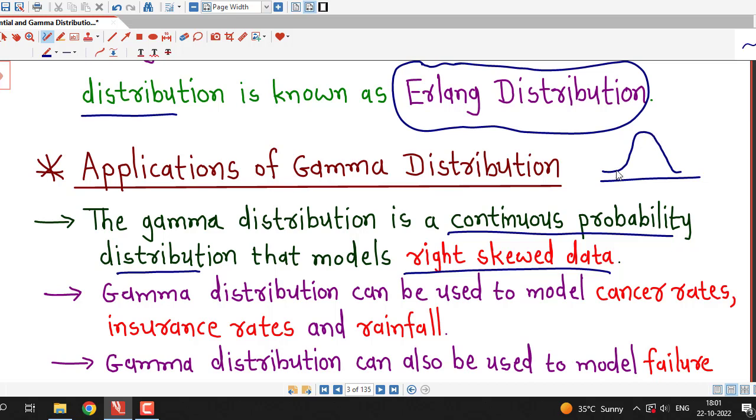Whenever we have right skewed data, that is, our density curve has a longer tail towards the right side, then we apply gamma distribution. You can understand skewness in detail in my lectures of basic statistics, where I have discussed the skewness of data or of a distribution.